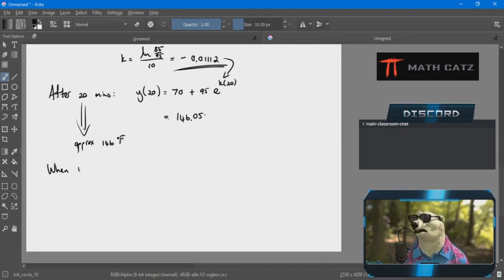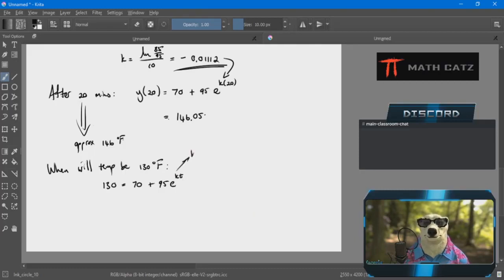So when will the temperature be, let's say 130? That's going to be how long I have for this meal. But it's a simple calculation for us. We want to have a y value of 130. We then want to solve for time.